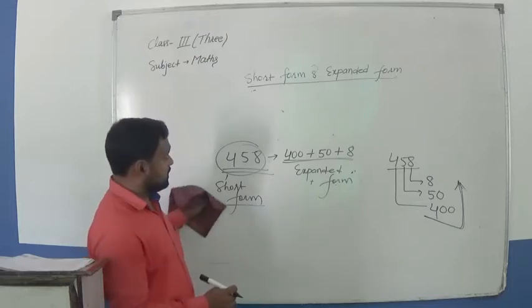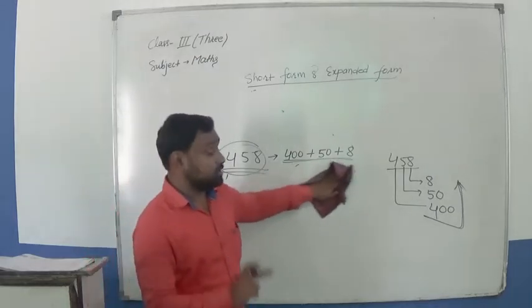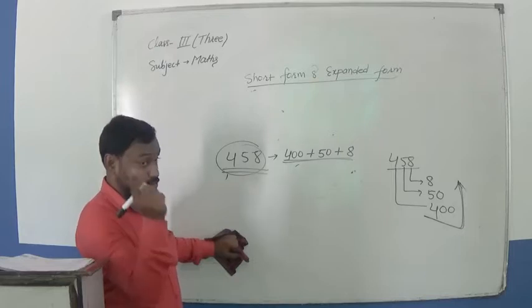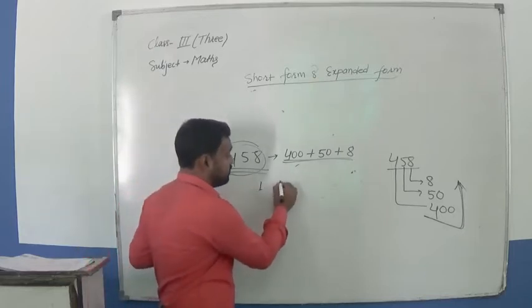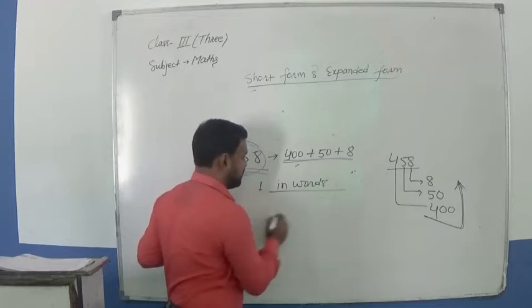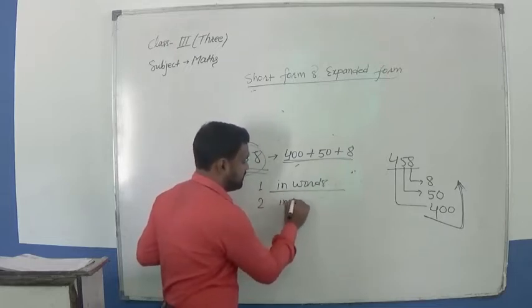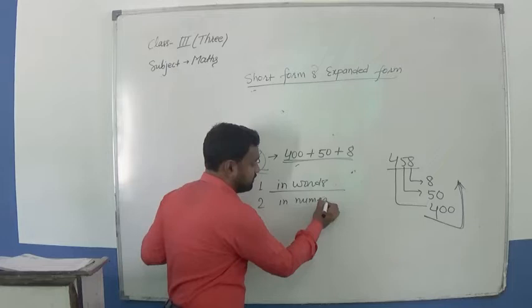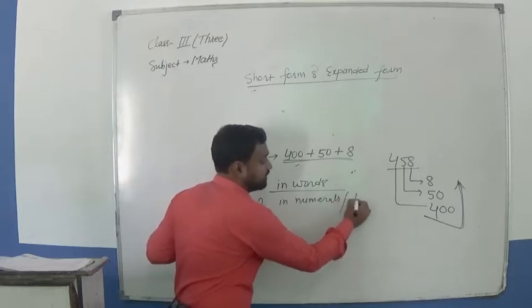Expanded form can be represented in two ways. One is in words, and the other is in numerals or figures.